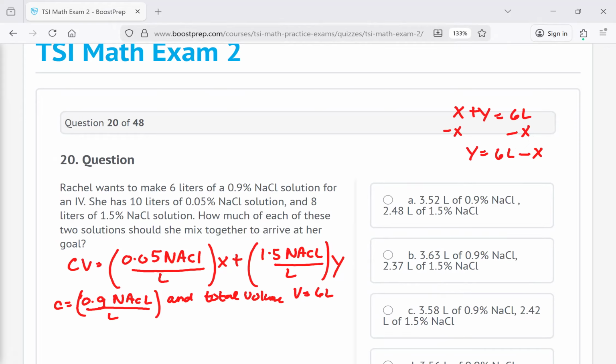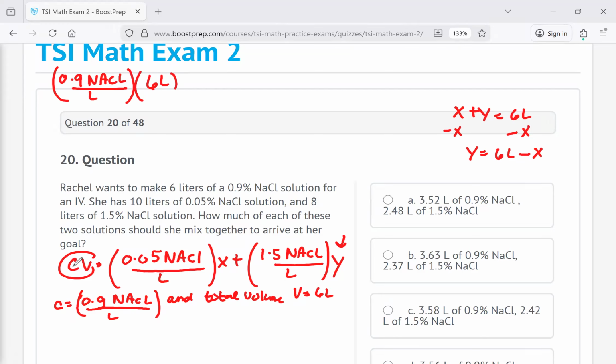So we found the y right here. Now, how do we find our x? We can put it back here, right? So we can replace this CV with our concentration, 0.9 NaCl over L, times the volume, which is 6 liters.